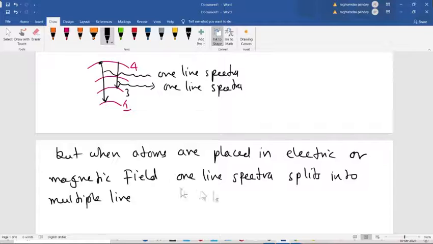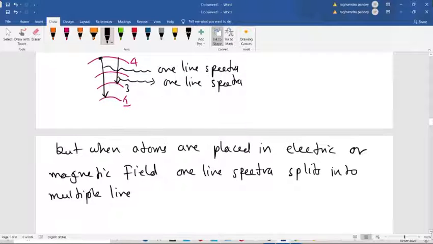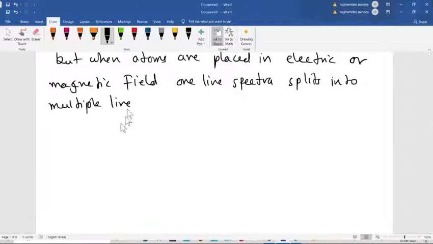One line spectra splits into multiple lines. That is the problem. Okay. How does it split? Let's see.